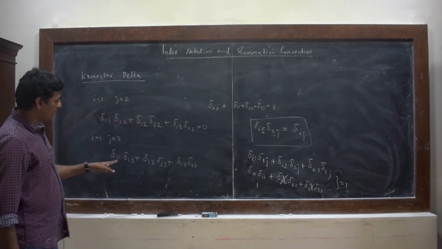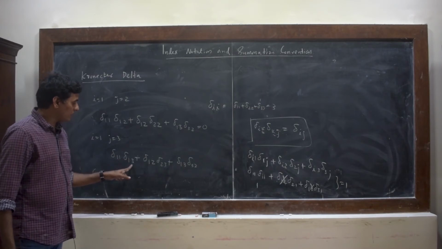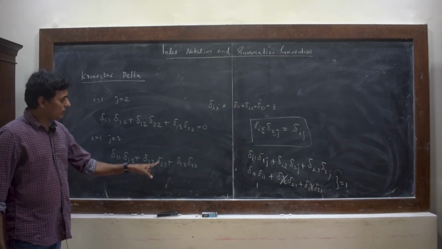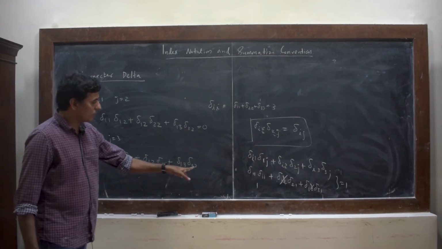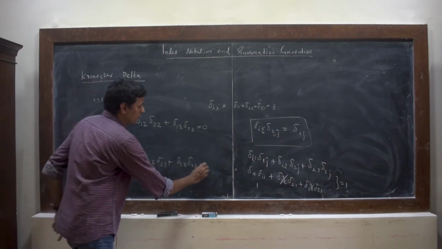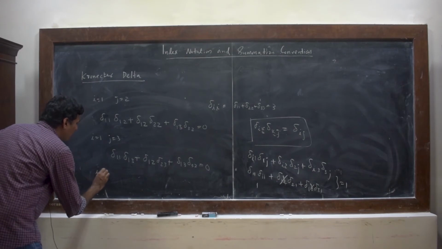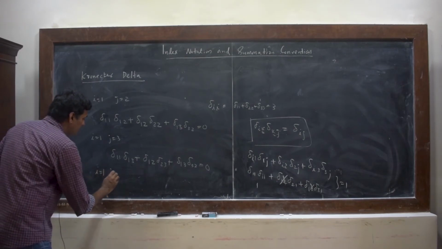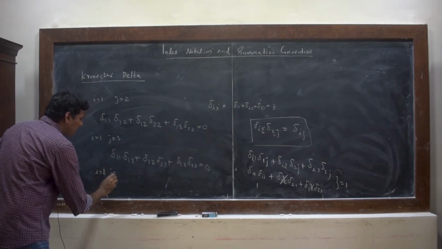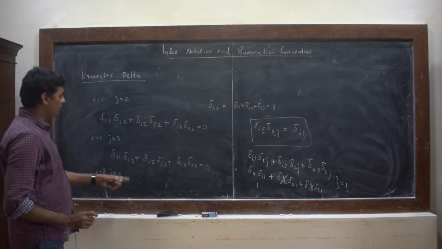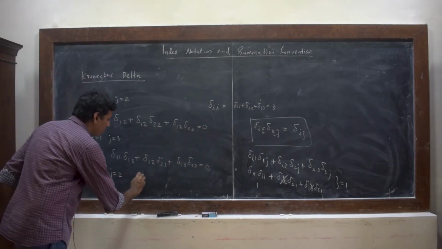Here also delta 1 1 is 1, but delta 1 3 is 0. Both delta 1 2 and delta 2 3 are 0. Here also delta 3 3 is 1, but you will get 0. Now let us take i equal to 2, j equal to 2. In that case you will get 1.